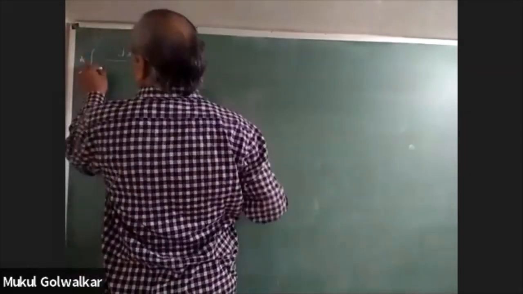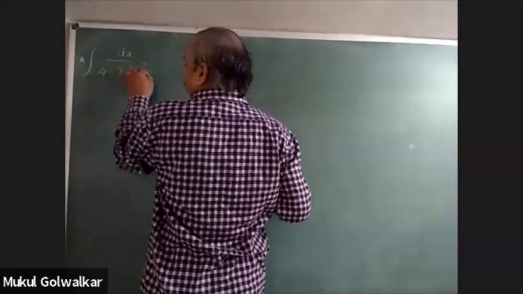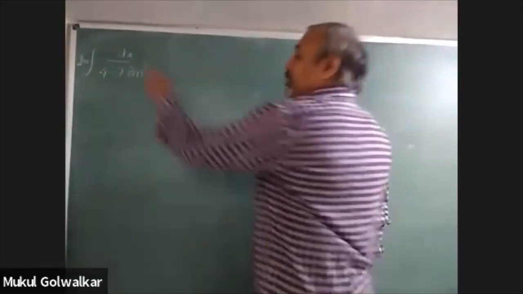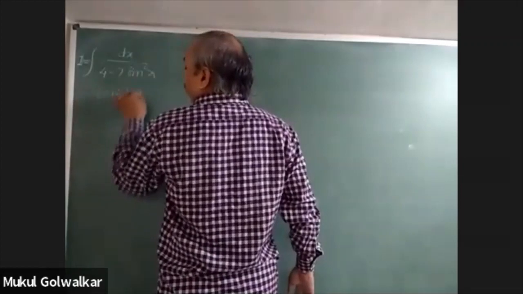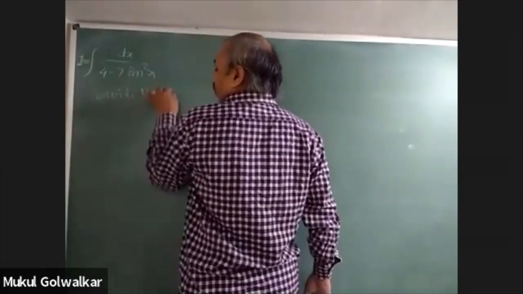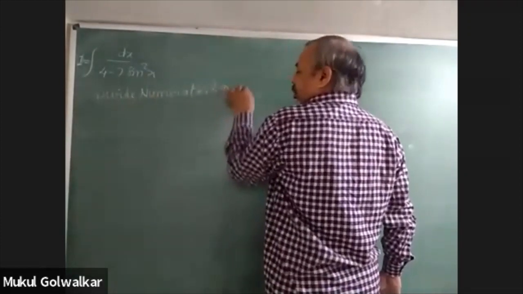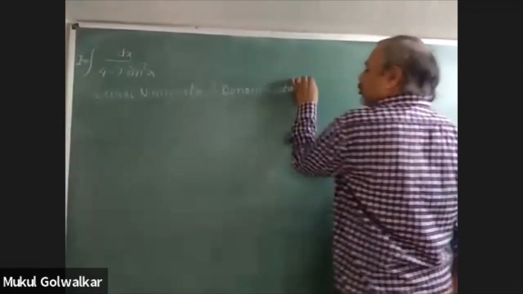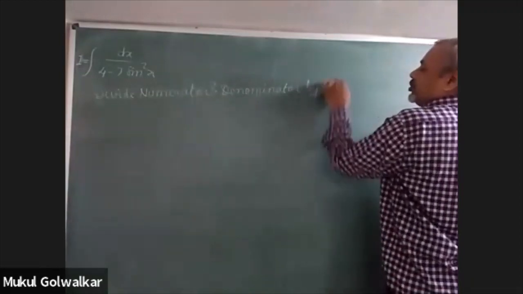So I am solving, suppose I write 4 minus 7 sin square x. Suppose I write this question, integrate dx upon 4 minus 7 sine square x. So the solution is we divide numerator and denominator by cos square x.